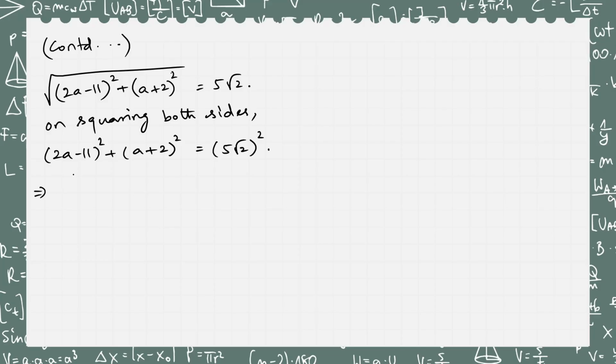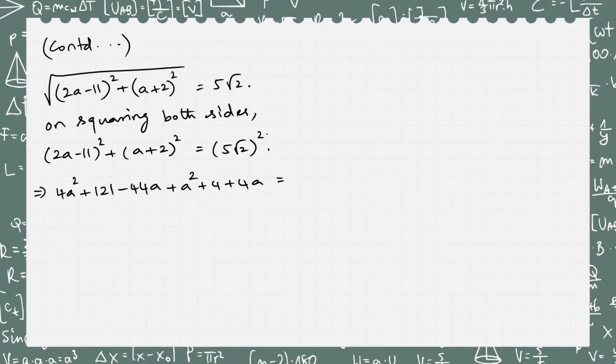So now we have to use the identities to expand these expressions. This will give us (2a) whole square, which is 4a square, plus 11 square, which is 121, minus 2 into 2a into 11. That will be 2 into 2a is 4a, 4a into 11 will be 44a. So minus 44a, and coming to the next expression, expanding it will give a square plus 4 plus 4a.